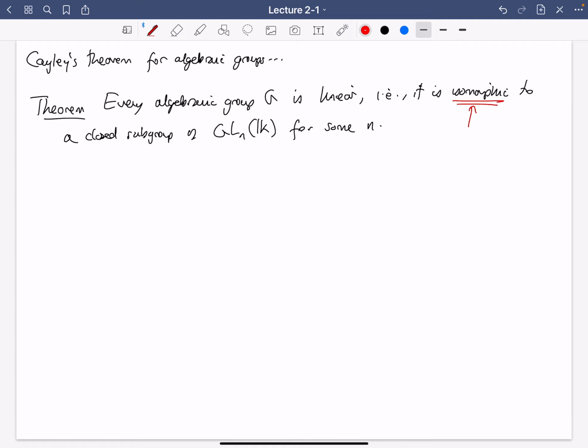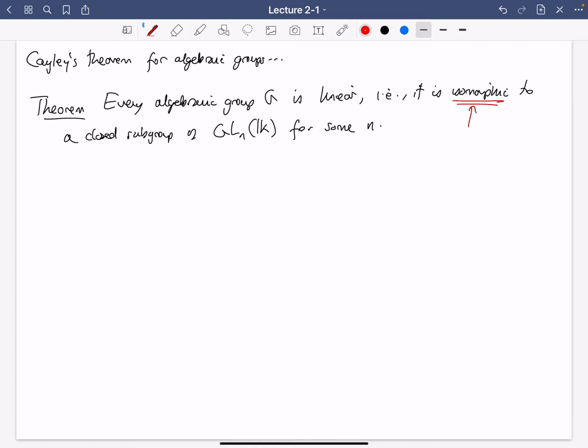So to check that you've got an isomorphism of affine varieties, it's actually not enough to check that it's a morphism and that it's a bijection. And the same carries over to the world of algebraic groups, although it's not quite so easy to find an example of two algebraic groups which are isomorphic as abstract groups, but not isomorphic as algebraic groups.